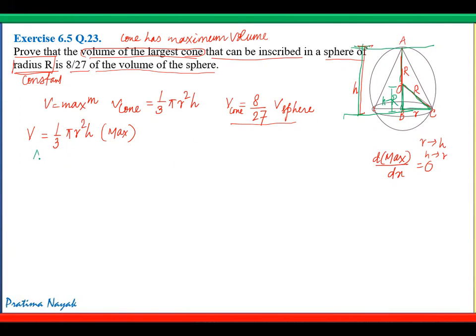So let me write all these things, then it will be clear. First, AB is equal to h of the cone, BC is equal to r, then OB is equal to h minus R. Why? OA is equal to the radius of the sphere.